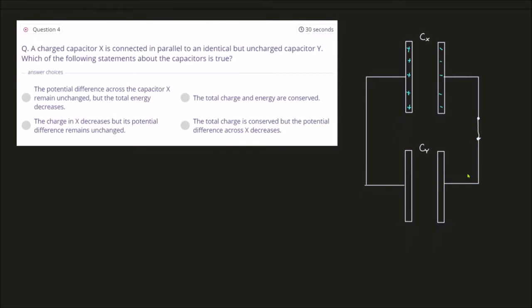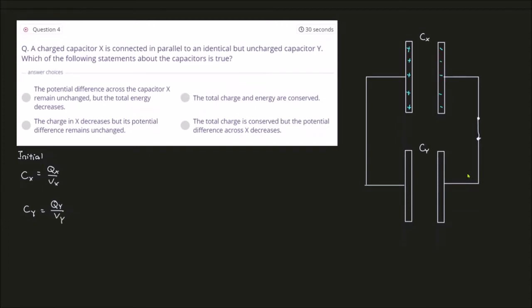So let's write out the original situation, the initial situation. You have capacitor X, which has Qx over Vx, whereas for capacitor Y, you will also have Qy over Vy.